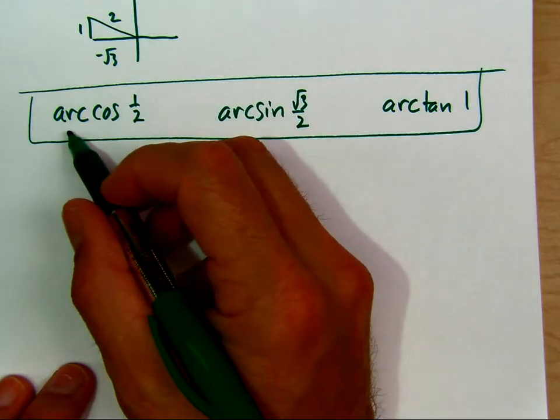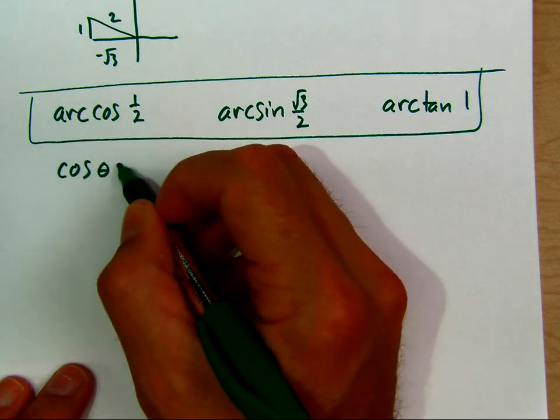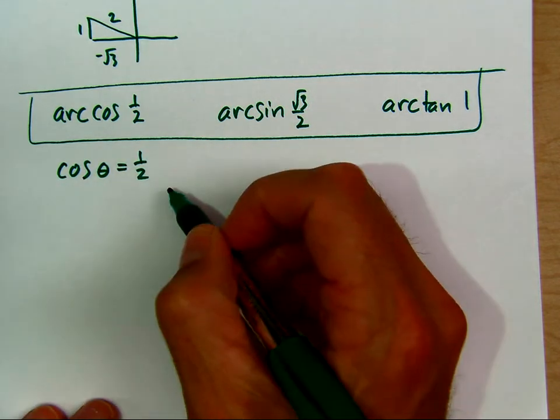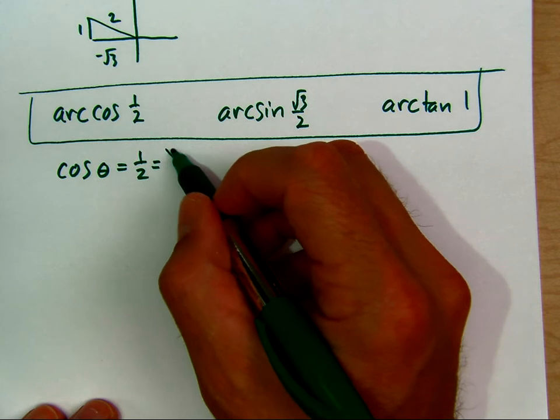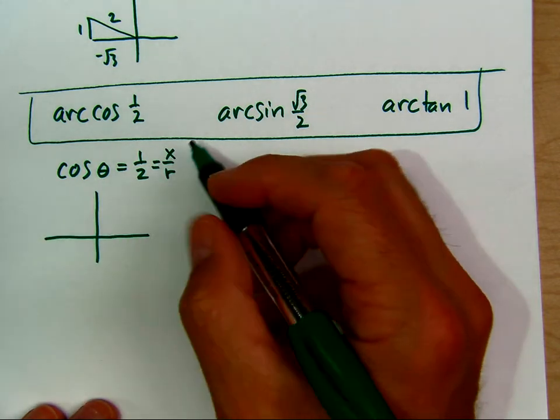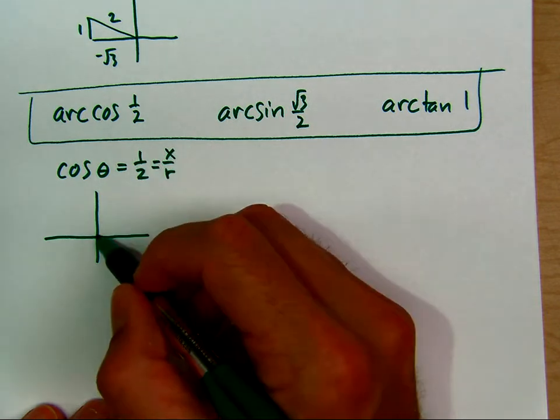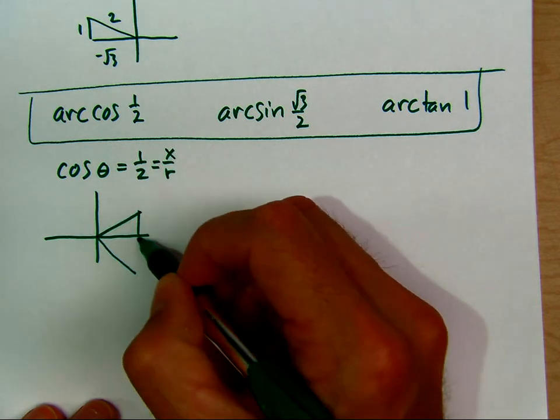So if we're evaluating an inverse cosine of 1/2, let's rewrite it as cosine of some angle equals 1/2. And we know that cosine is x over r. So when we draw the angles that have a positive x value, that's going to be on the right.